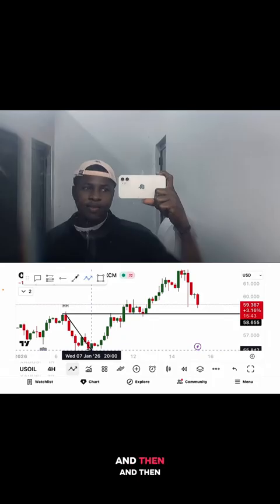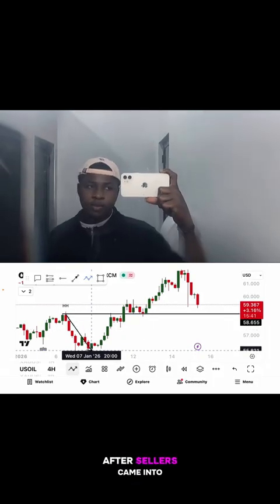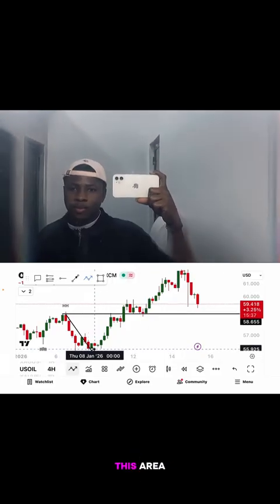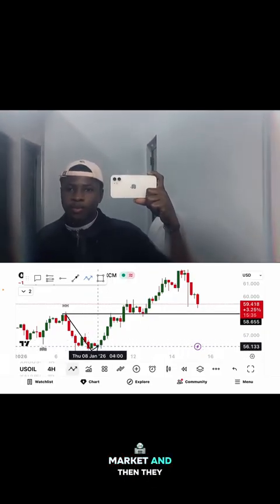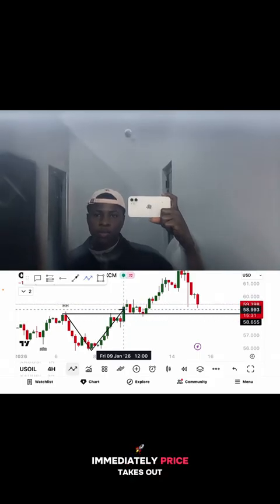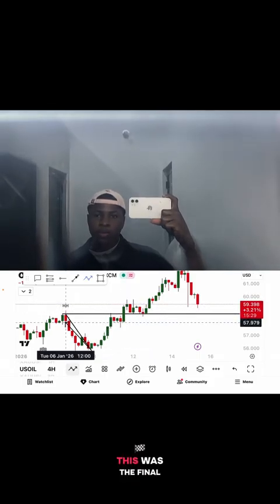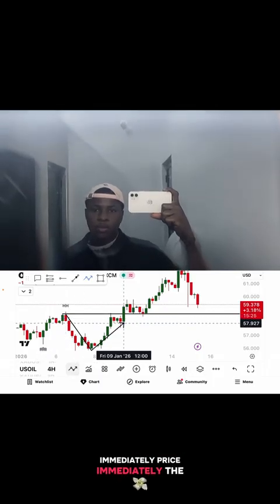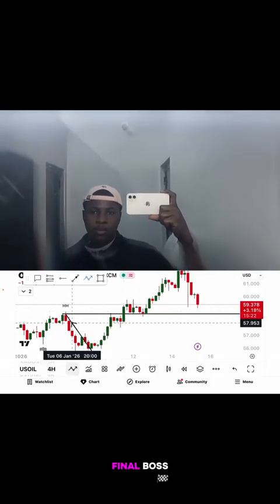And then what do we see after sellers came into the market? We see buyers coming from this point, from this area. Buyers come into the market and then they push price all the way up. Immediately price takes out this high. This was the final boss territory. Immediately the buyers take out the final boss.